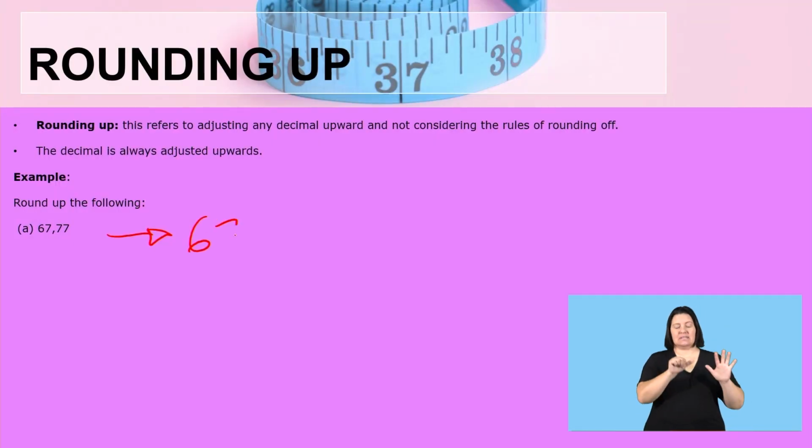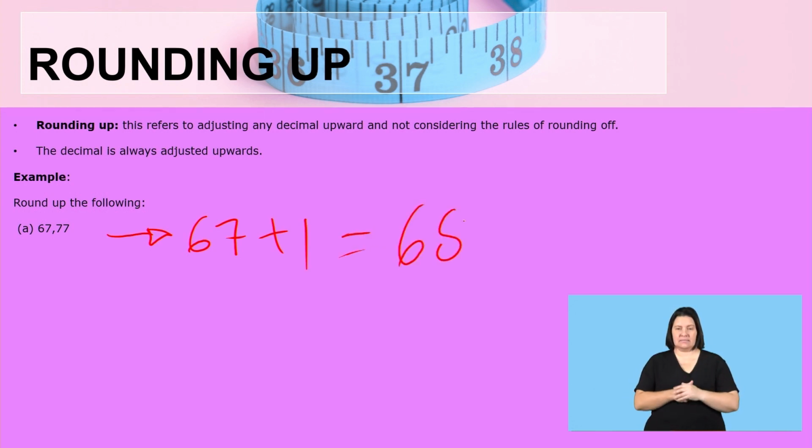So with this one, we have 67. This 0,77 will adjust the 7 upward, and then we add 1, and the answer that we will have is 68. This is your rounding up. So when we round up 67,77, basically we add 1 to the answer.